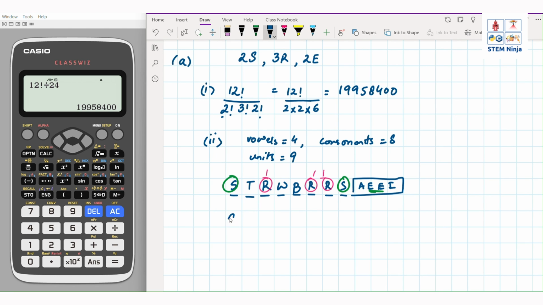So we have 9 units to arrange. Out of those 9 units, we have 3 R's, 2 S's.